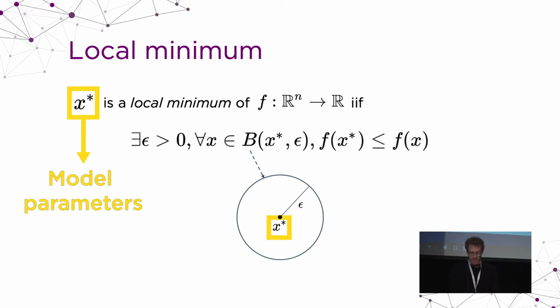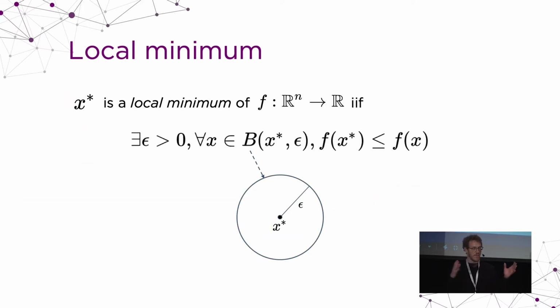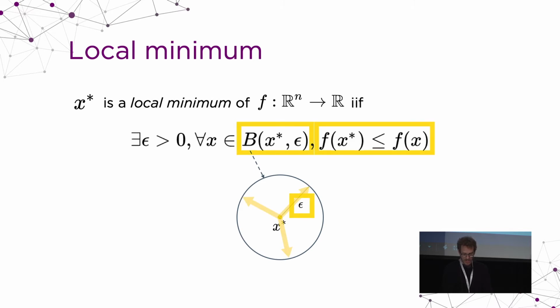I will define a ball around it, a little neighborhood. And for all models inside this neighborhood, this model has the best performance, the minimum loss. So it's not global, it's really local around this model, and it's called the local minimum. There exists an epsilon, a radius, such that I have this inequality.